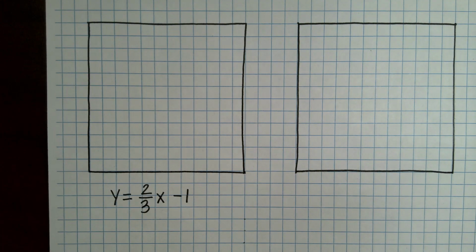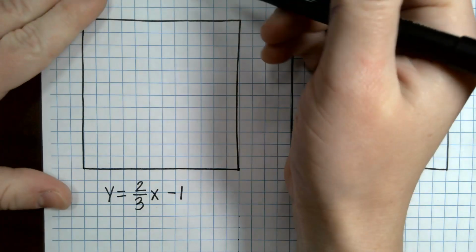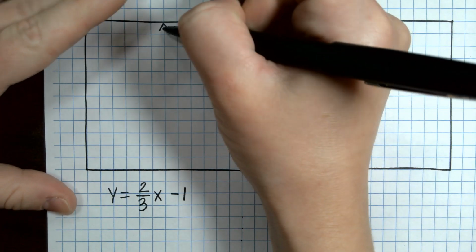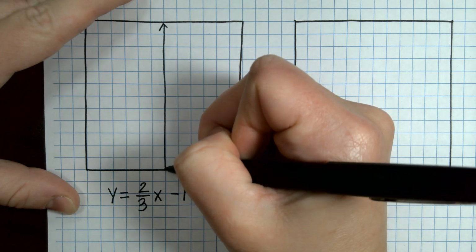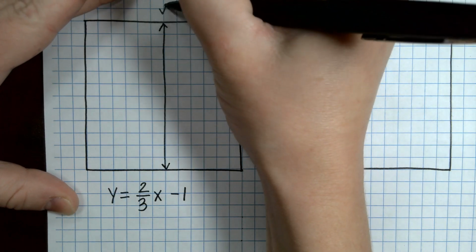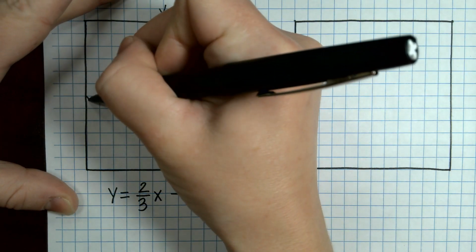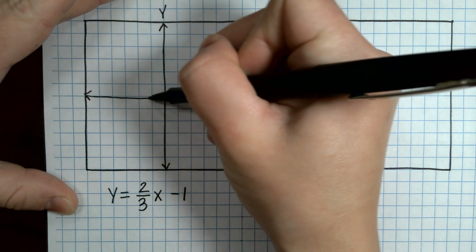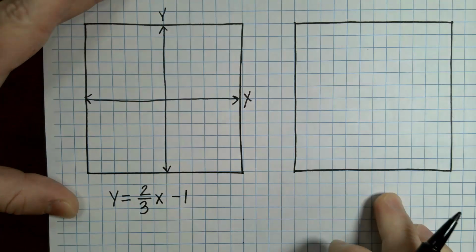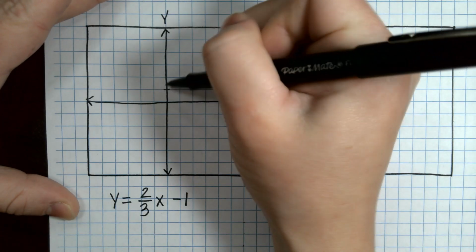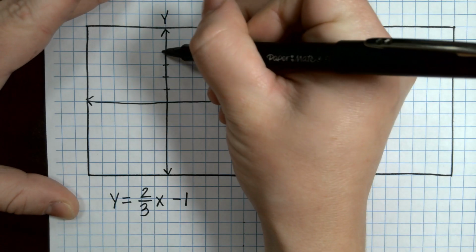So we need to draw our x-axis and our y-axis so that we have a place to graph that line. Here's my y. Here's my x. And here are some tick marks.